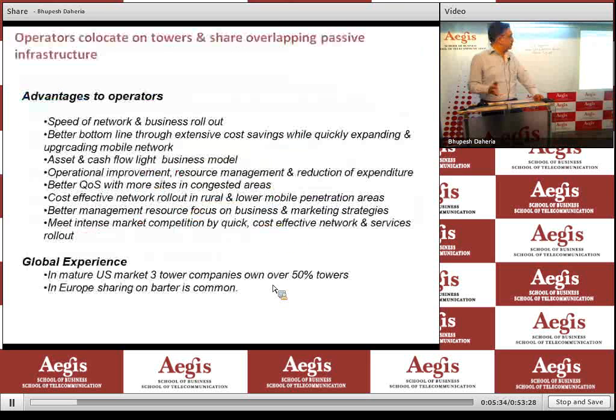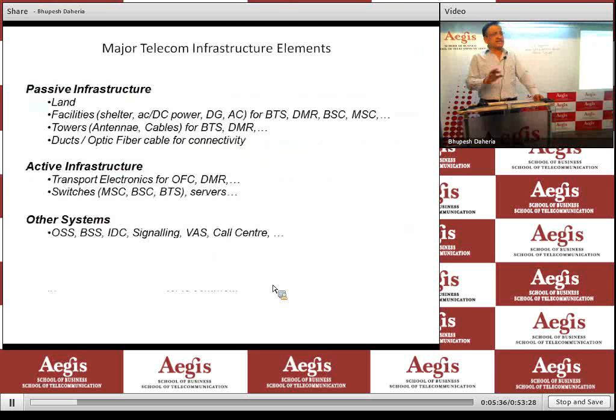One more. That's it. So this is just an example of how one can go and share the various network parts, the passive telecom infrastructure like the tower, people go and share. Then active infrastructure sharing is allowed, and of course people go and share the various systems, which means the billing system or operation support system.